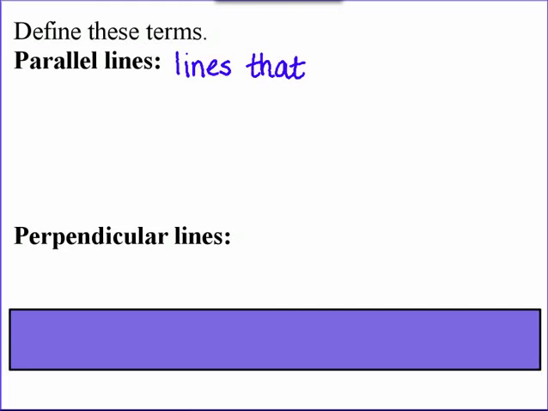Are those going to be parallel? No. So we have to specify a little bit more, and in the same direction. They have to be on the same plane. So lines that are coplanar, or you could even say coplanar lines, that never meet.